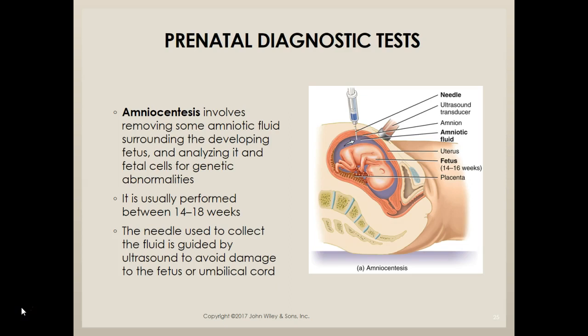The skin is prepared with an antiseptic, and then a local anesthetic is given because a somewhat large hypodermic needle is going to be inserted through the mother's abdomen and into the amniotic cavity within the uterus. And then you withdraw about 10 to 30 milliliters of fluid, and of course the cells that are suspended in that. Microscopic examination is done and biochemical testing is done to look for any abnormalities.